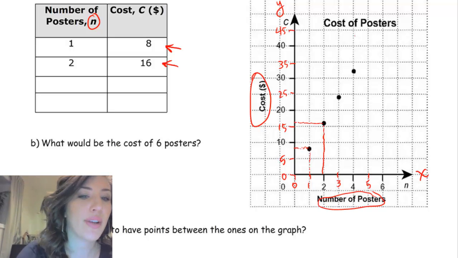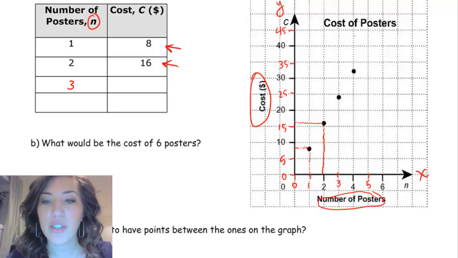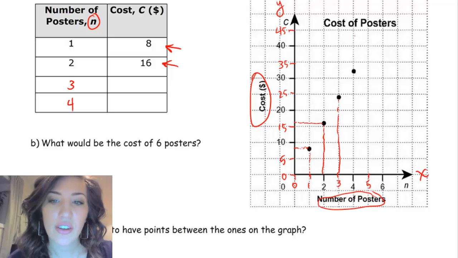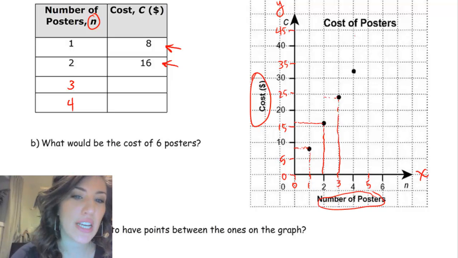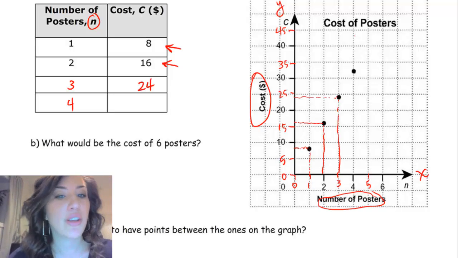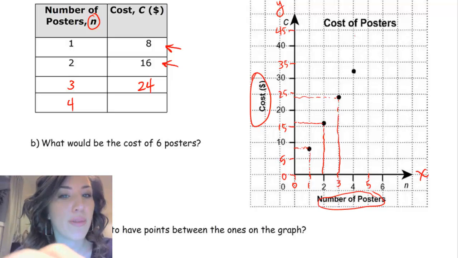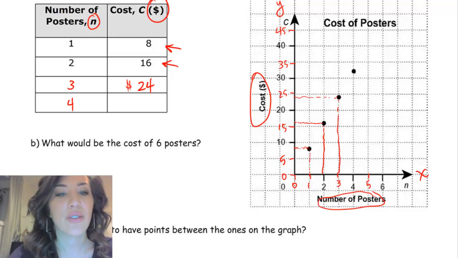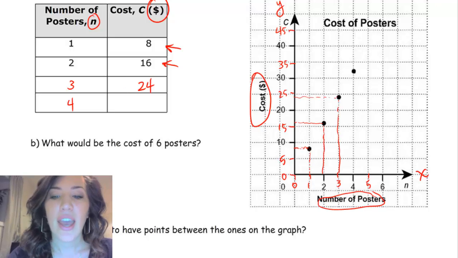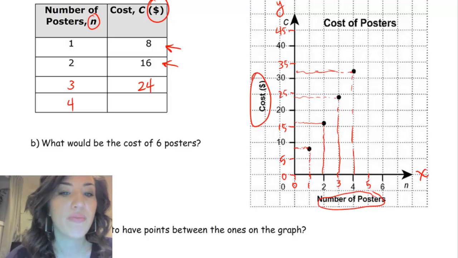So let's write in 3 and 4 for 3 posters. Go down. Okay, that was the 3, and it's just under the 25 mark, so I'd say maybe $24. And you don't need to write the dollar symbol here because it's already written up there, so you can just write 24. And then here at 4 posters, you've got it kind of in the middle of 30 and 35. I'd say probably 32.